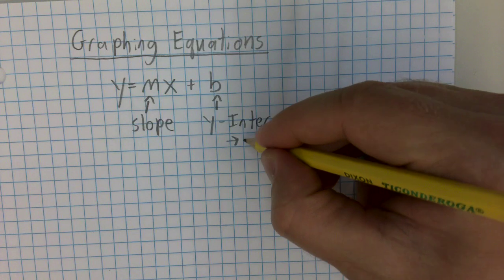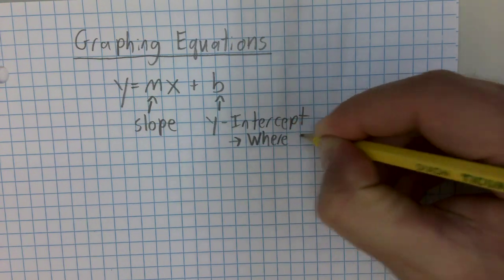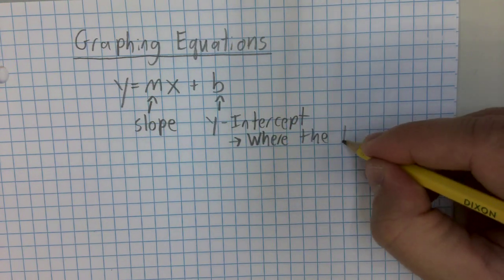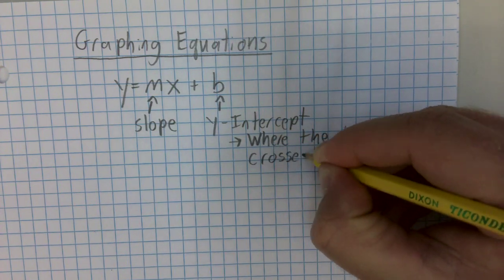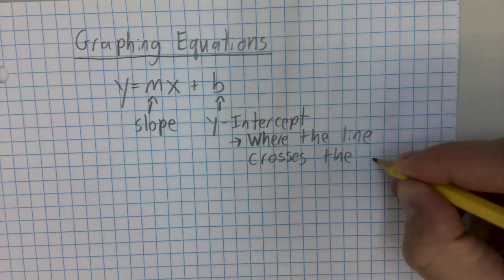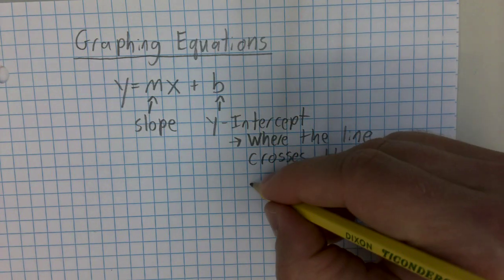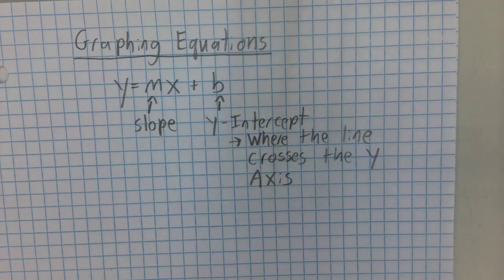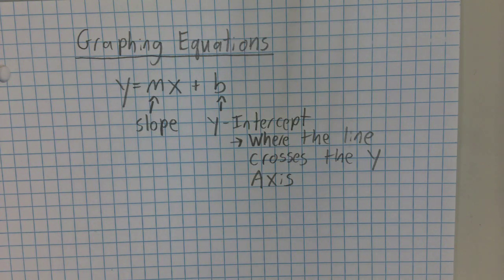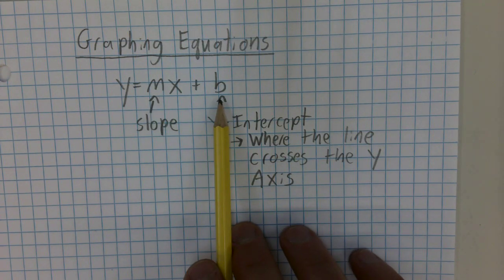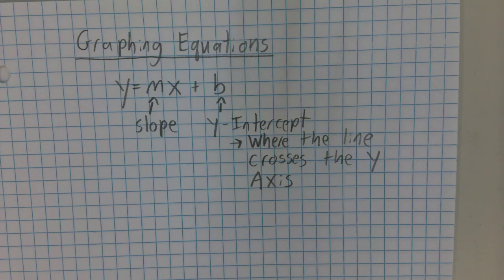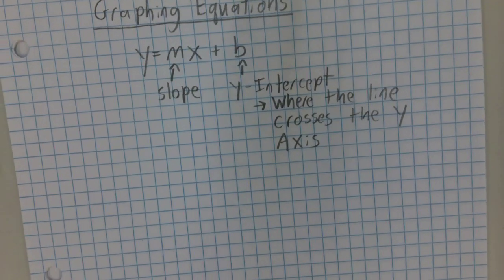The y-intercept is where the line crosses the y-axis. Okay, so we've got two parts to all of our equations, the slope and the y-intercept, and that's going to be super helpful in graphing these lines. In fact, that's the only bit of information we're going to need to create a line.